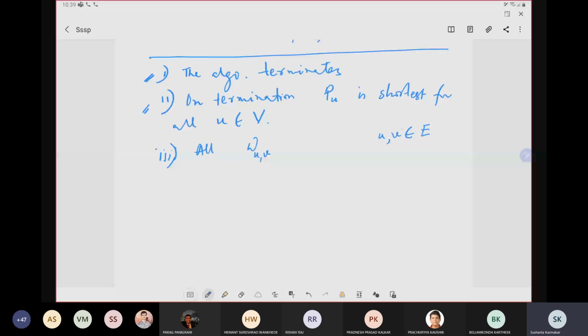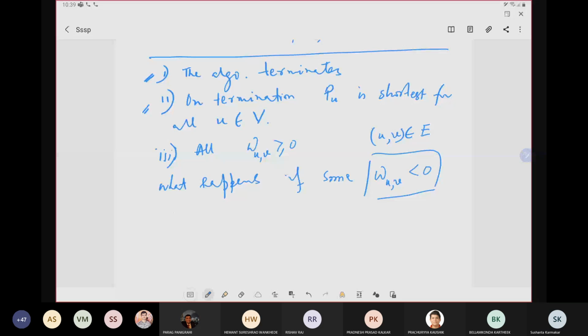So the answer to this question is, even for a single edge E such that WE is less than 0, which has negative weight, the algorithm may fail.